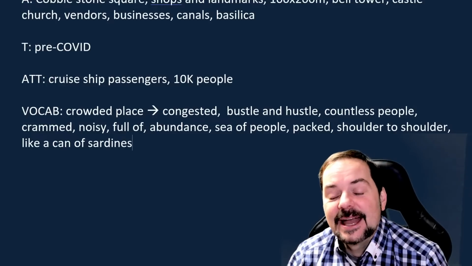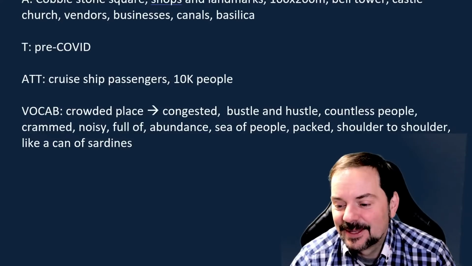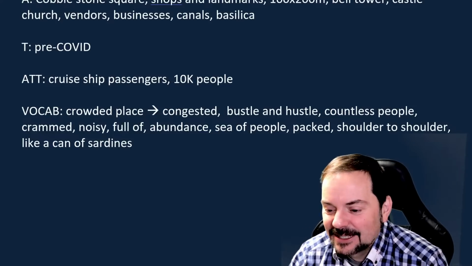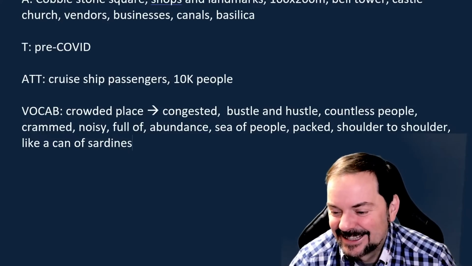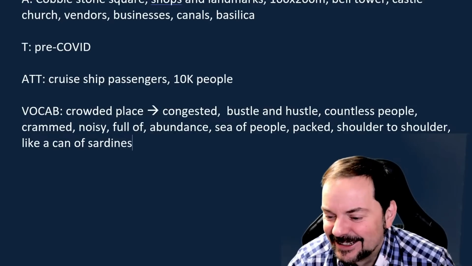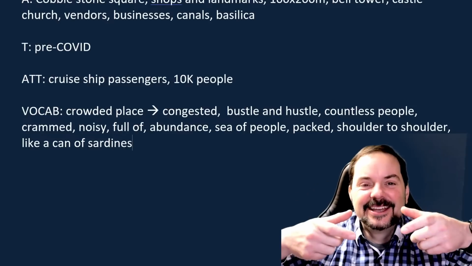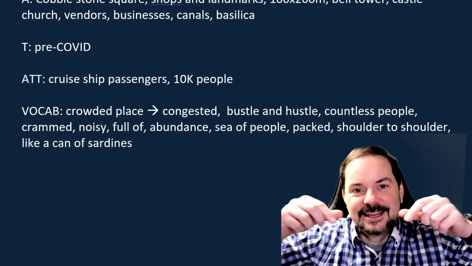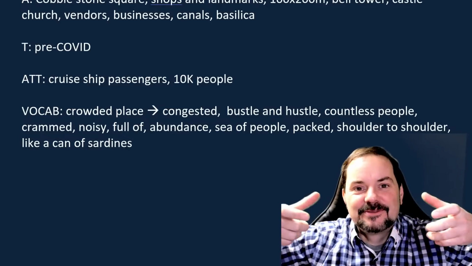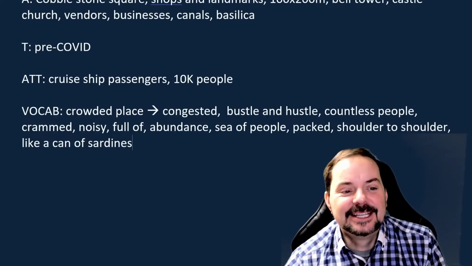Using that kind of language will definitely help. Yeah, Juan says packed like sardines. Exactly. Anaita says, what's a sardine? Sardines are those little fish, okay? You know those cans where you basically have the sardine fish and they literally just fill the whole can, right? So packed like a can of sardines.